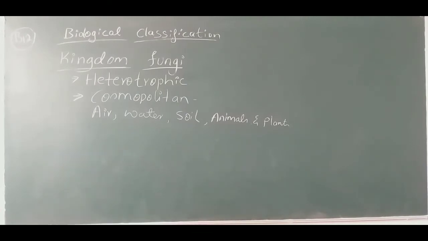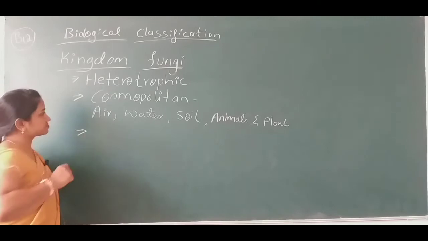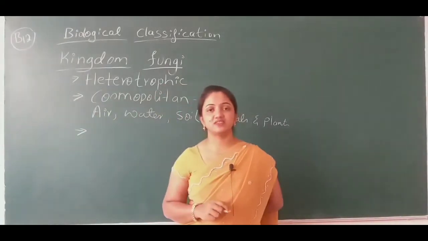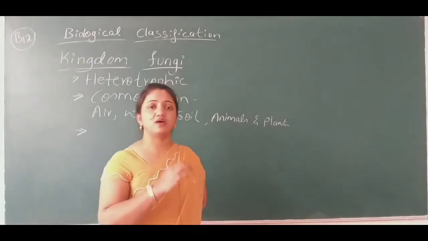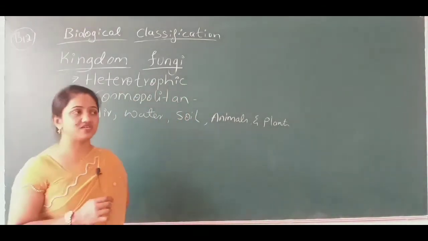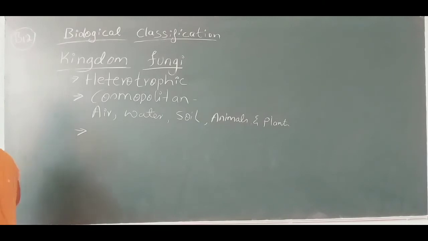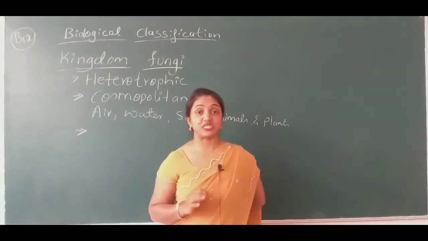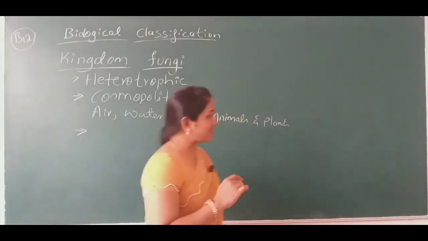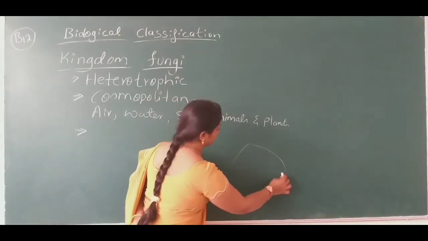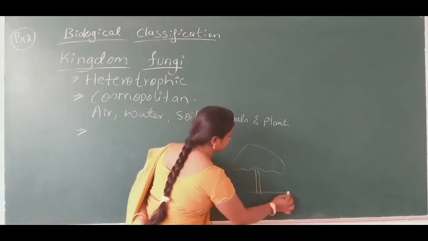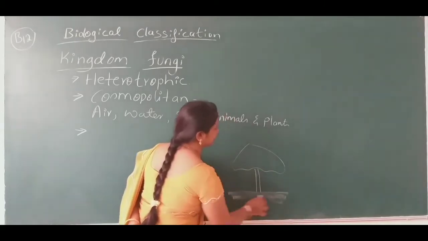The next character of the fungi is, as I told you, some are harmful fungi, some are useful fungi on the earth. You might have seen in damp soils or shady places an umbrella-like structure growing.